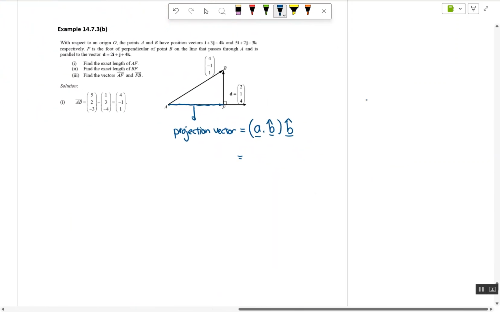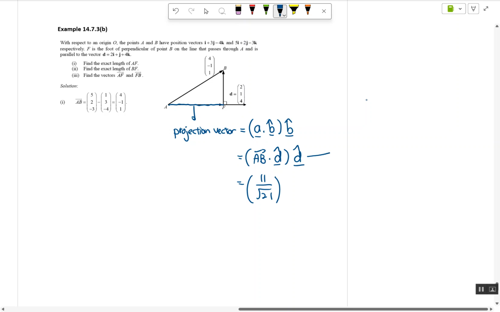So this is the application, and we already know what is A dot B hat from the first part. If not, I'm just going to write it all down. So A is AB, that's the hypotenuse, dot D hat, times D hat. So this I already have, 11 over square root 21, because this is the length of projection, times D hat. So what is D hat?